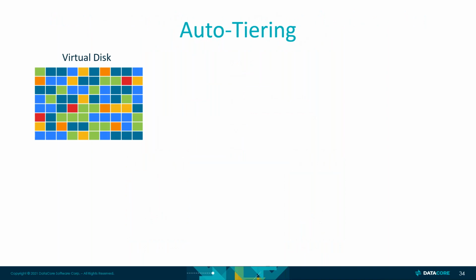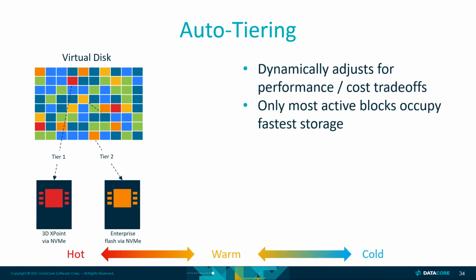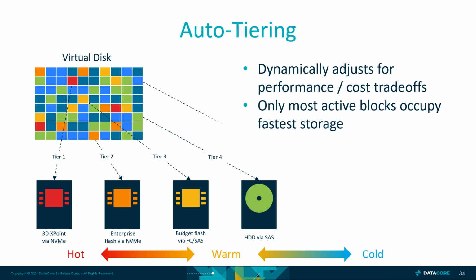Wanted to also spend a couple minutes on auto tiering. Auto tiering is the process by which we can move data to its most appropriate location based on its value.